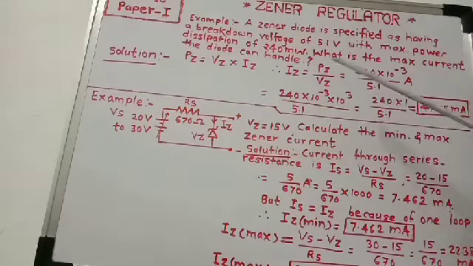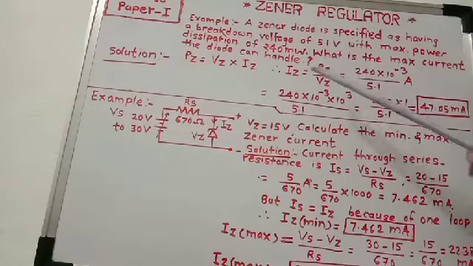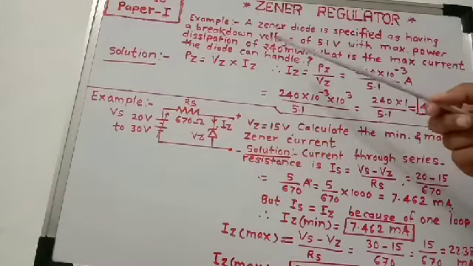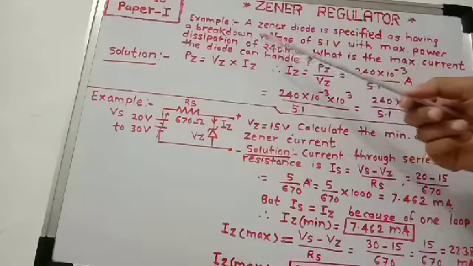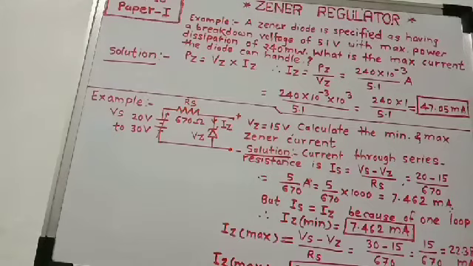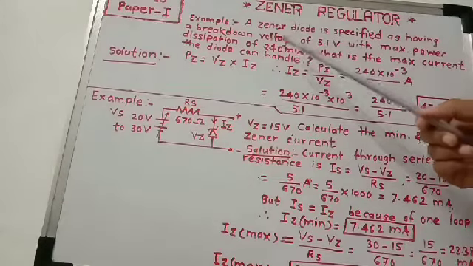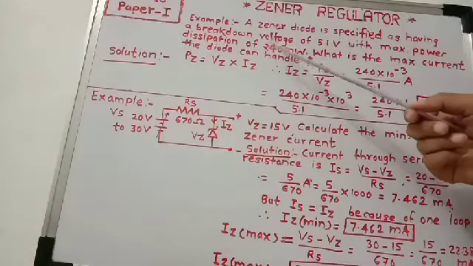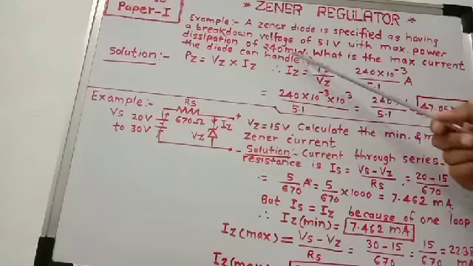So Iz is equal to Pz. Pz is the power rating, power dissipation. It is 240 milliwatt. So we have to first convert it into watt. Power rating is given in milliwatt.